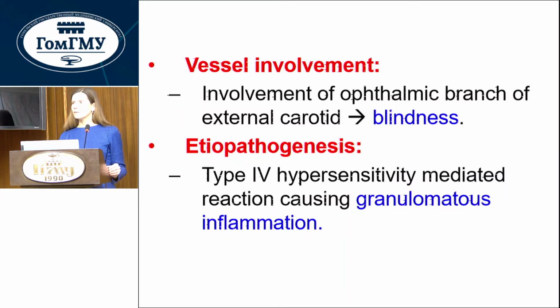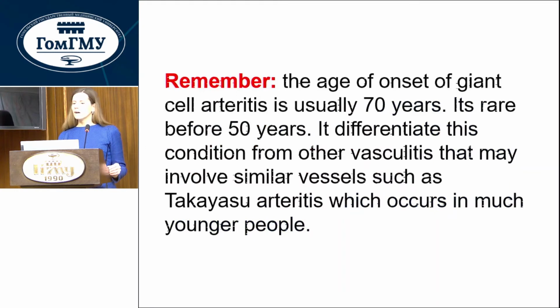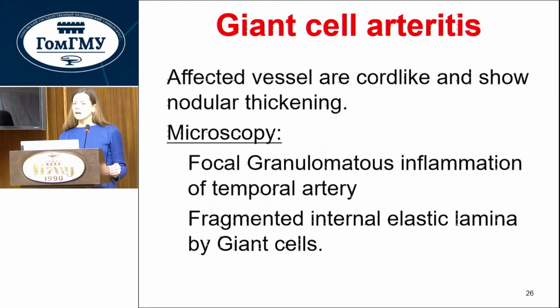First of all, about age of patients: for giant cell arteritis it's usually more than 50 years, approximately 70 years, and Takayasu patients are much younger. Giant cell arteritis, microscopy, biopsy: focal granulomatous inflammation of the temporal artery, fragmented internal elastic lamina by giant cells.